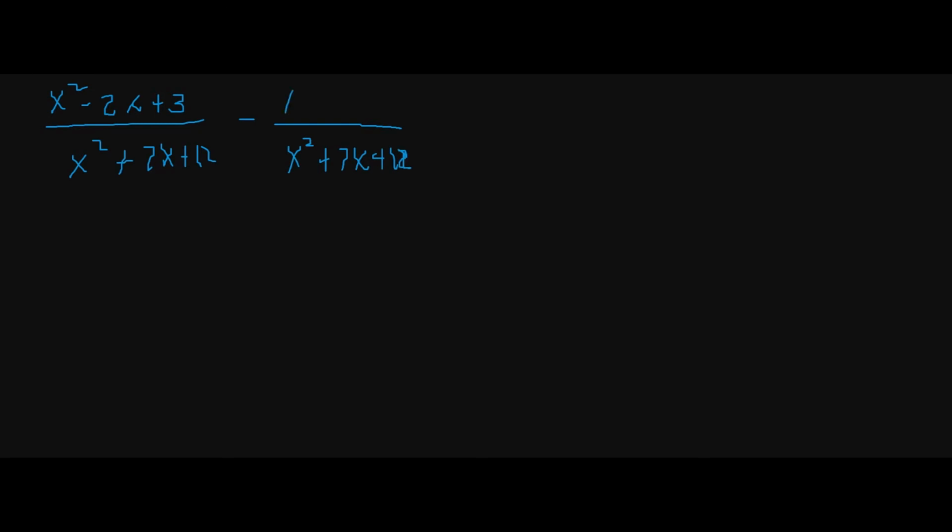Now that we have this, do we have like terms? We in fact do. X squared plus 7x plus 12 is in the denominator of both. So we can rewrite this problem with x squared plus 7x plus 12 as the denominator, which stays the same.